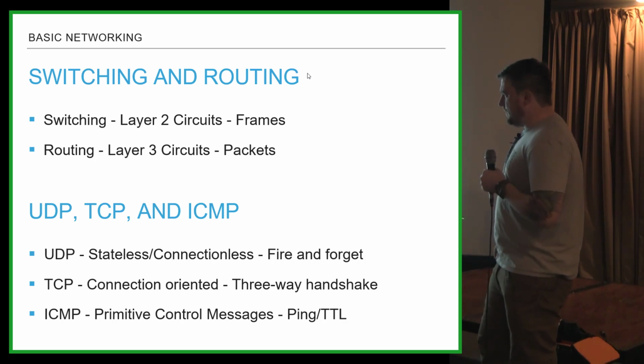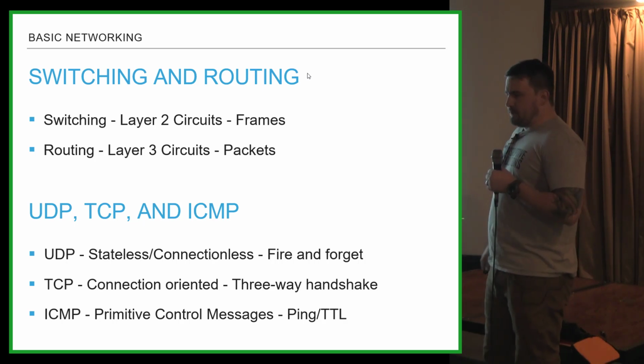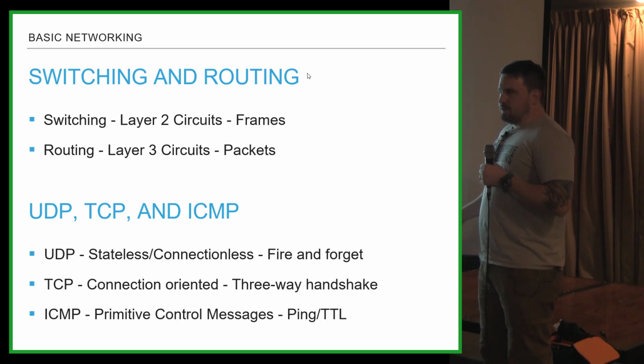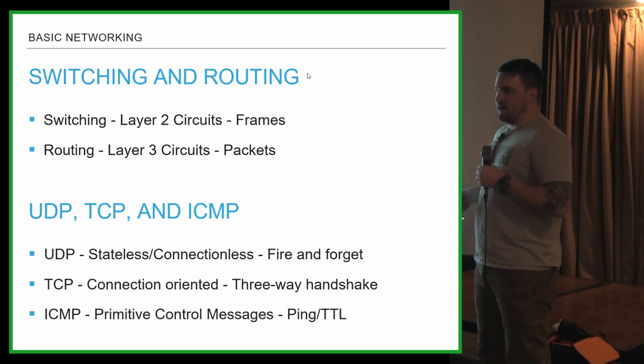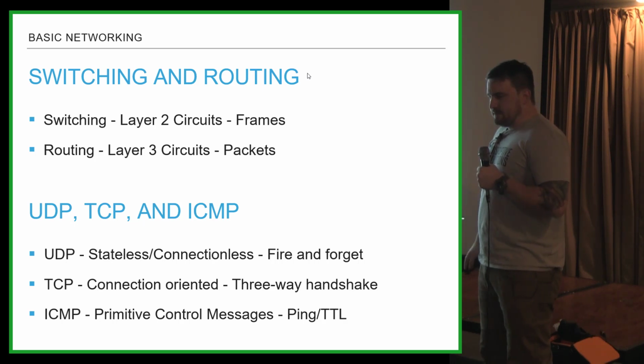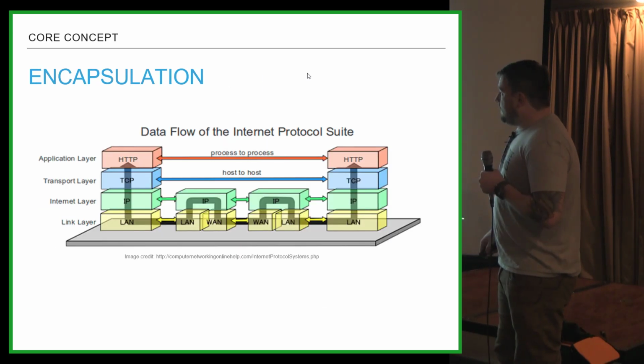Then ICMP is for control messages. So when you use traceroute, you're sending UDP out, and at each further hop the TTL gets decremented, and if the TTL expires, you get an ICMP back saying time to live exceeded, and it can't go any further.